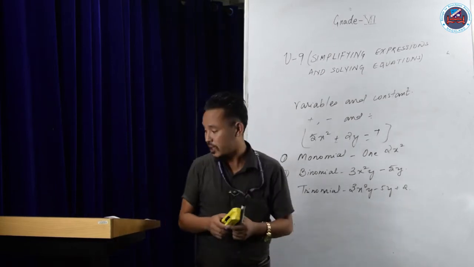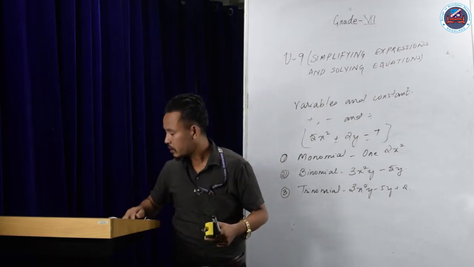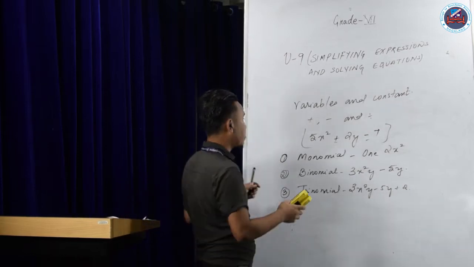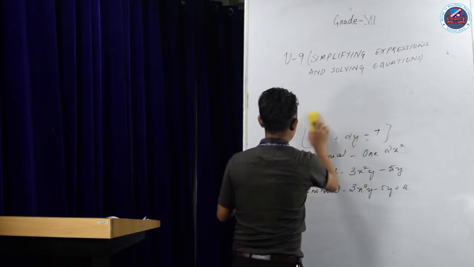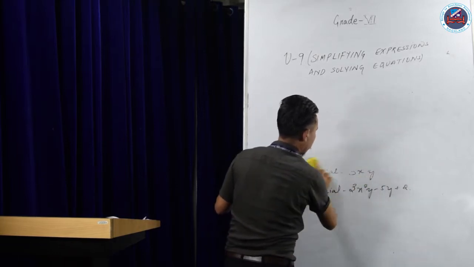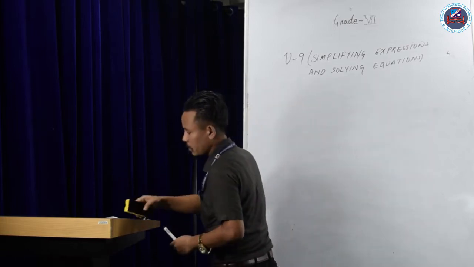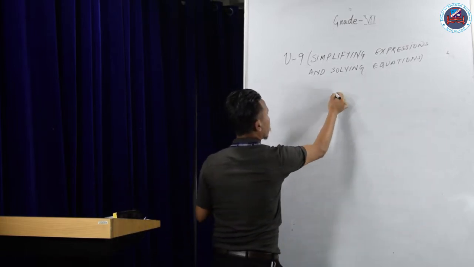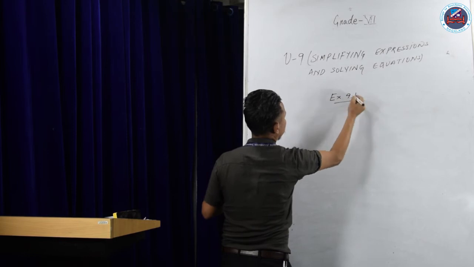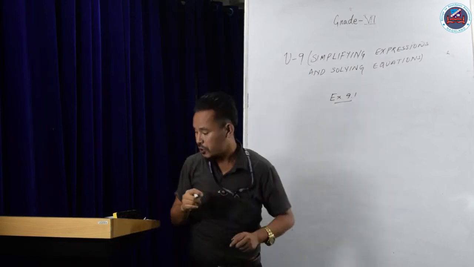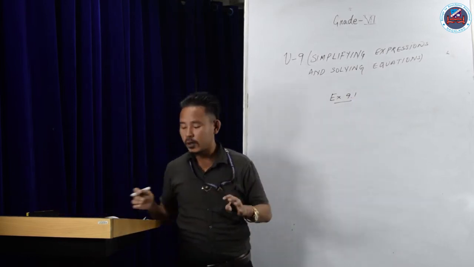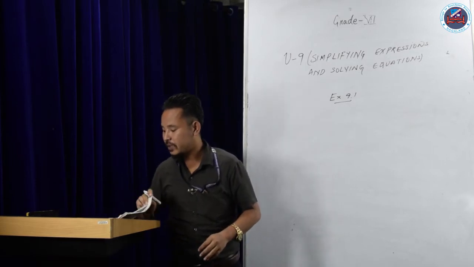The first exercise we have is 9.1, which you will find on page number 97. Now, here the question says, use the guideline opposite to rewrite this expression.